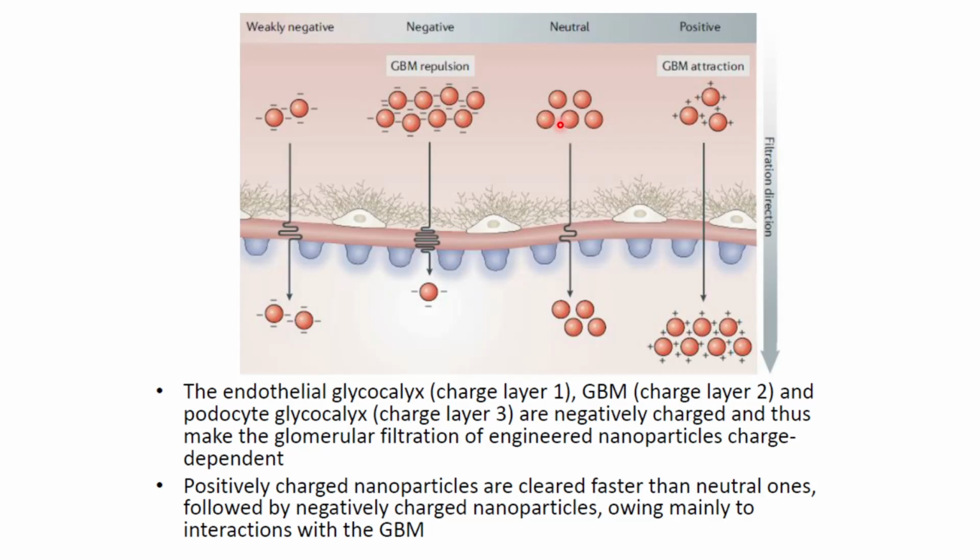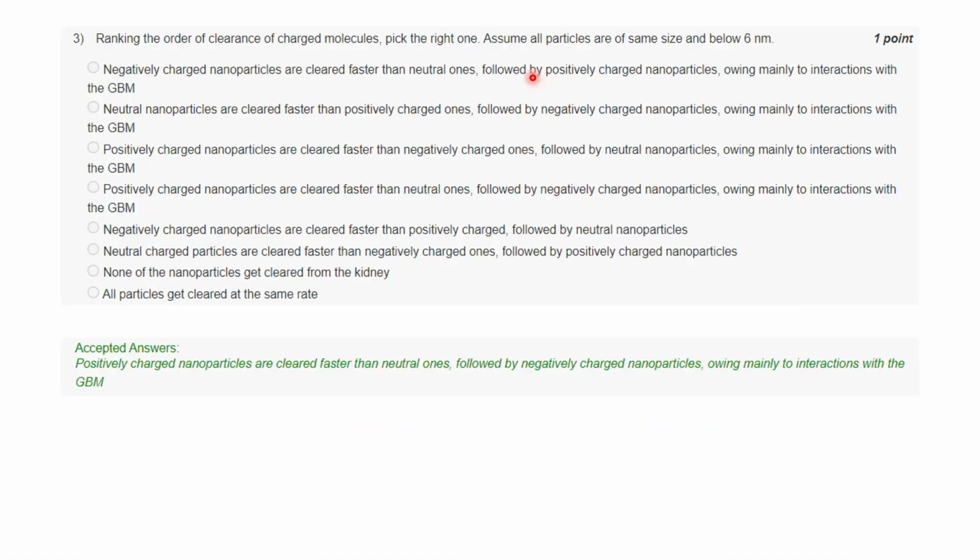On the other hand, if your particle is neutral, the clearance rate will be somewhere in between the negatively and positively charged. Now, the question is asking us to rank the order of clearance of charged molecules, and we have to assume everything is below 6 nanometers. So size is not going to play a role for this question. So the right answer will be, since your membrane, everything is negatively charged, your positively charged nanoparticles will be cleared out faster than the negative ones, followed by your neutral nanoparticles because of the interaction with GBM.